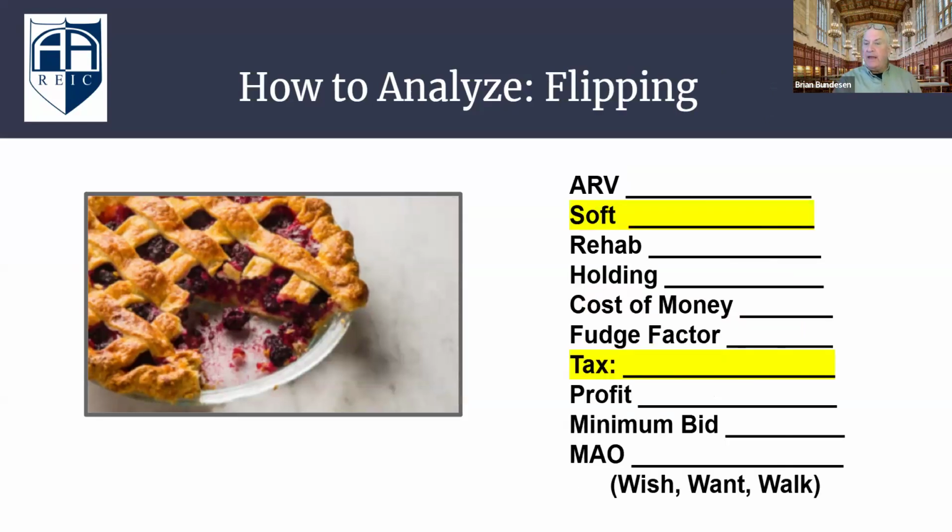Flipping, again, you don't have the multiple, and you don't have the investor's fee, because the investor is figuring out his or her profit margin. But you have the ARV, the soft costs, and rehab costs. There are holding costs in flipping, which a lot of novice investors don't think about.